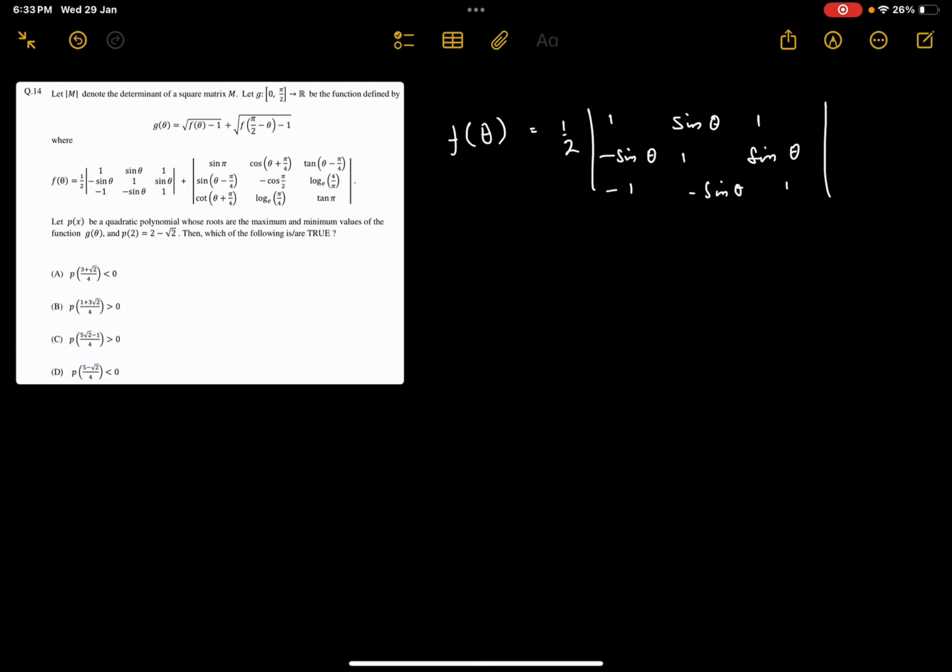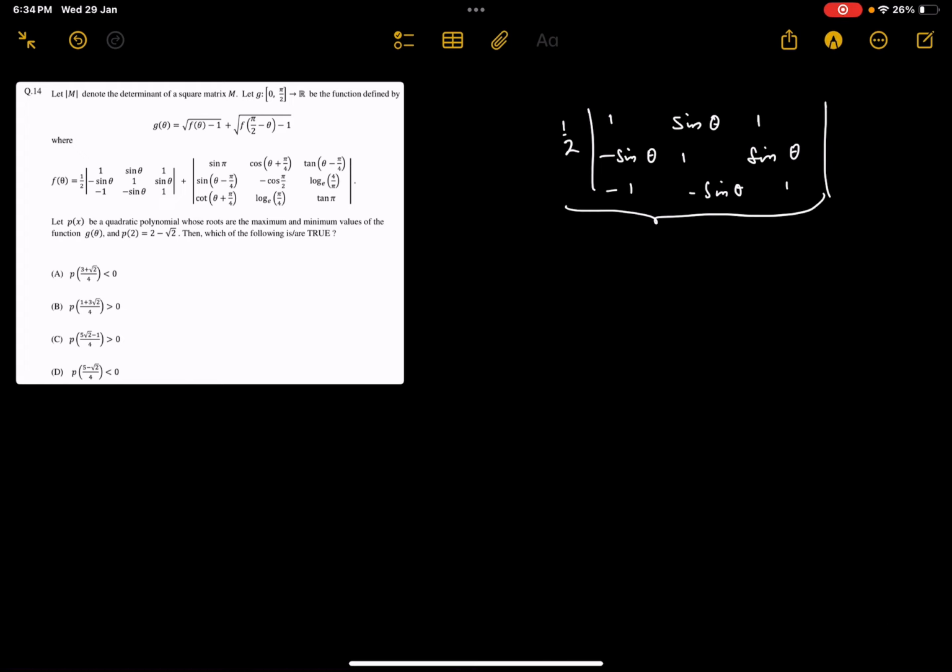Okay, so to simplify this, we will do C1 goes to C1 plus C2. So notice that the second and third row entries of the first column will become 0 after this operation. So that gives us this determinant.